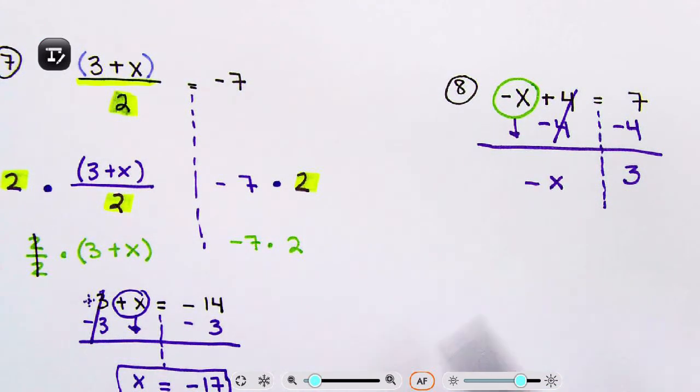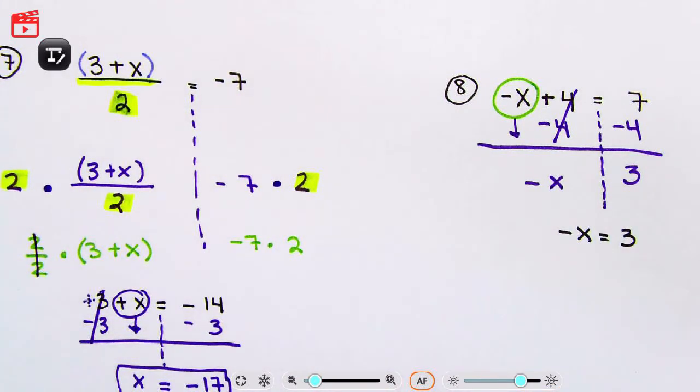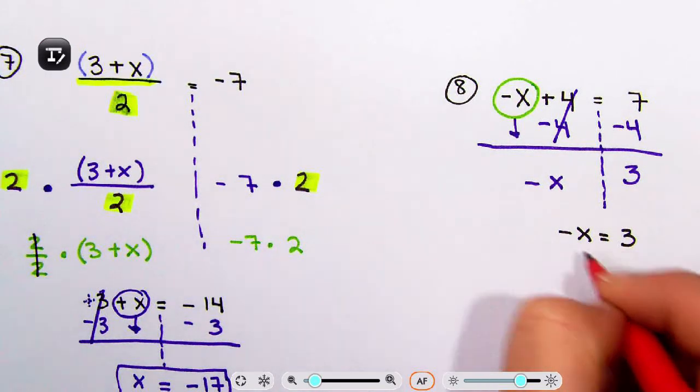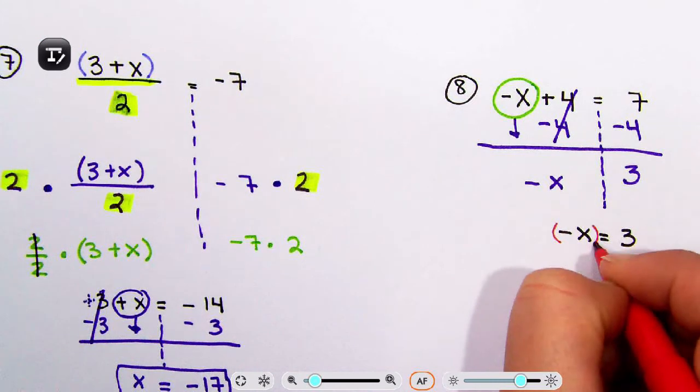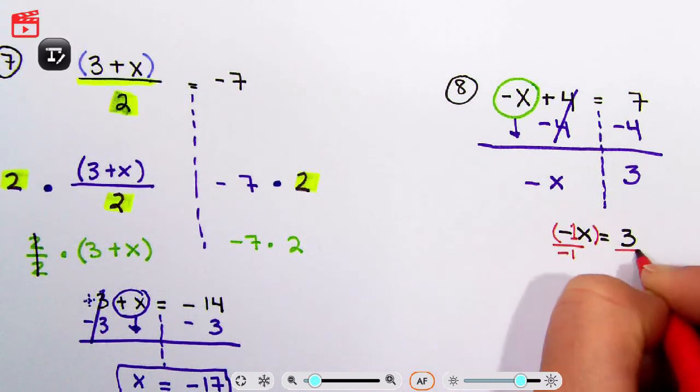Now, if we were to solve this right now, we have negative x is equal to 3, right? But this is not your answer. We don't want a negative x. We want a positive x. So what you get to do, you guys, is you get to just flip it. You get to take it and imagine there's a 1 here. You get to divide by negative 1 both sides.